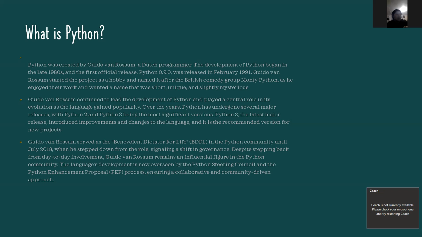Guido van Rossum remains an influential figure in the Python community. The language's development is now overseen by the Python Steering Council and the Python Enhancement Proposal process, ensuring a collaborative and community-driven approach.